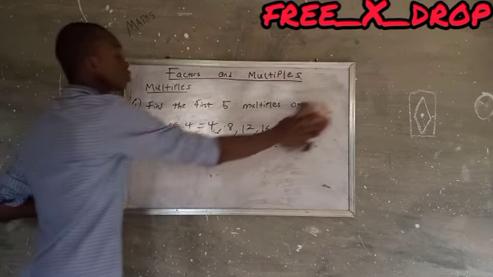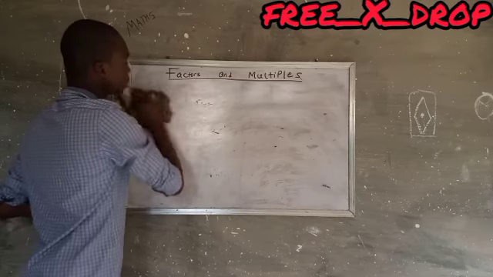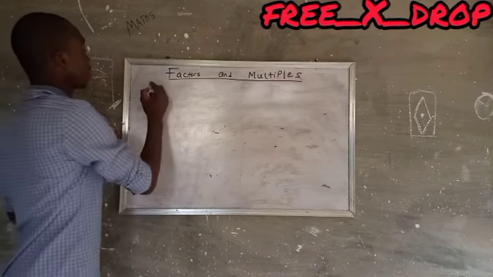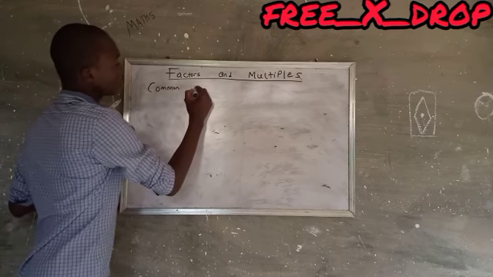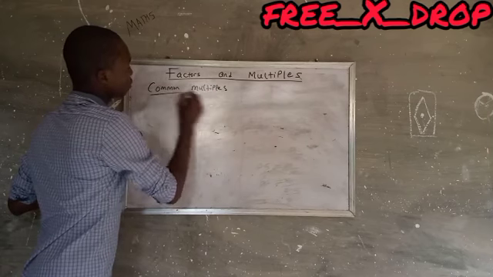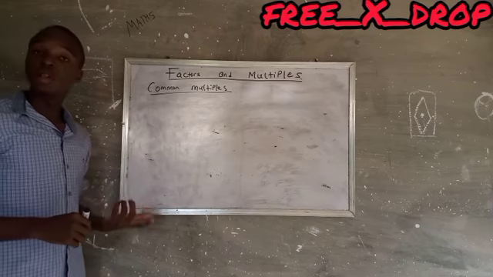So let's quickly move from this and face the other part, which is known as common multiples. I taught you common factors and here too we will do common multiples. Now, what are common multiples?